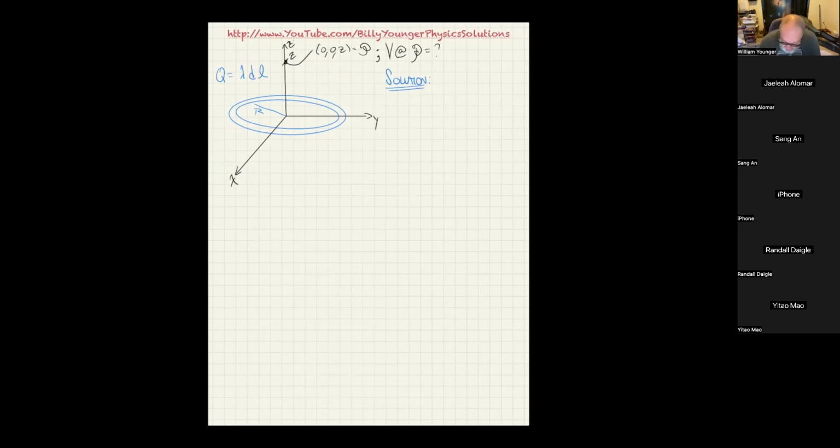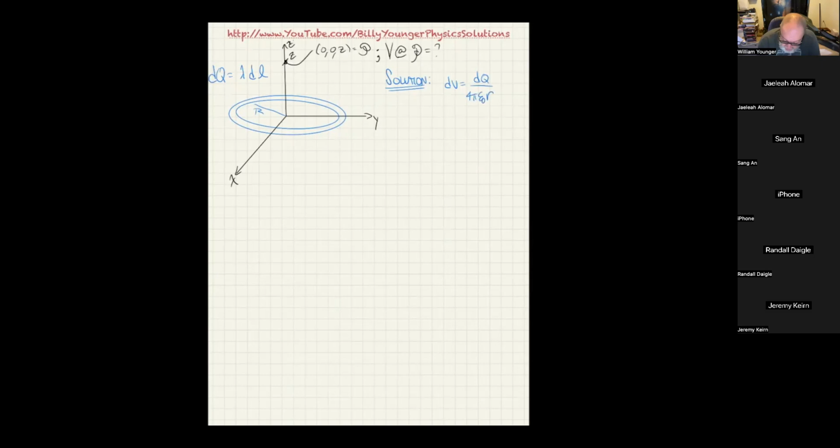Okay. The solution part that we need is dV is equal to dQ over, and actually I should have said a d in front of that Q over there, over 4 pi epsilon naught, just plain R like that.